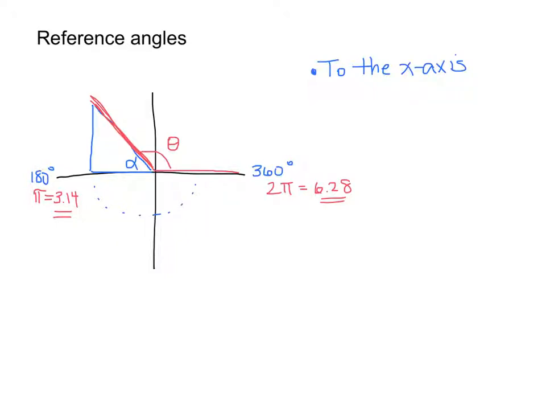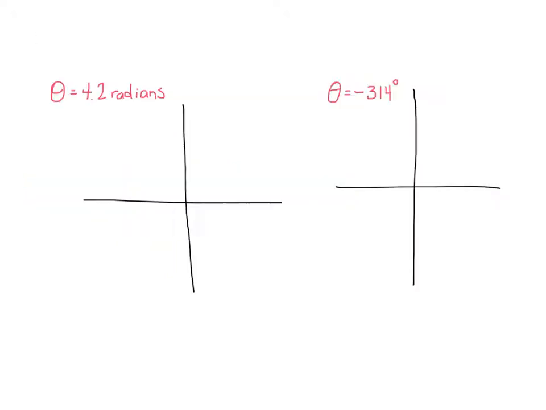So let's do some examples. We begin with an angle of 4.2 radians. First of all, we need to sketch that angle, so we need to know approximately where 4.2 radians is. But we know that halfway around is 3.14, or pi, and all the way around is 6.28.